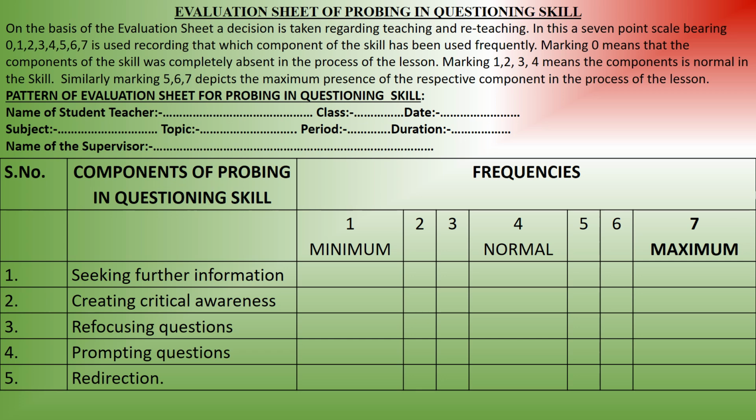The components are seeking further information, creating critical awareness, refocusing, prompting, and redirection. The next 3 columns will consist of frequencies indicating minimum, normal, and maximum. Frequencies 1, 2 will be minimum, 3, 4, 5 will be normal, and 6, 7 will be marked as maximum.